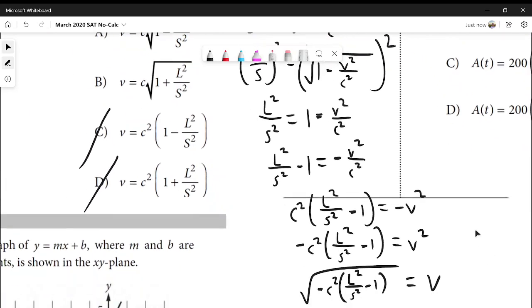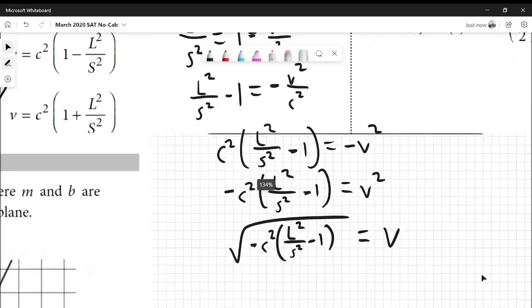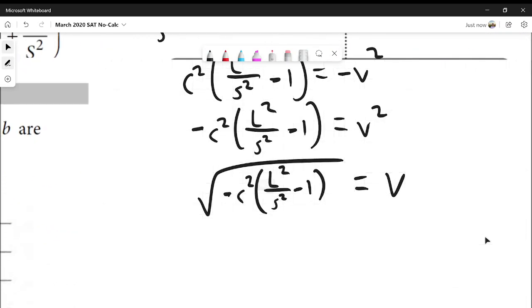Wait, I need to simplify this a bit more. I can move that c squared outside of the square root, because the square root of c squared is c.